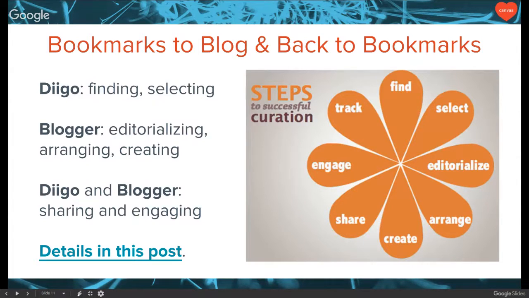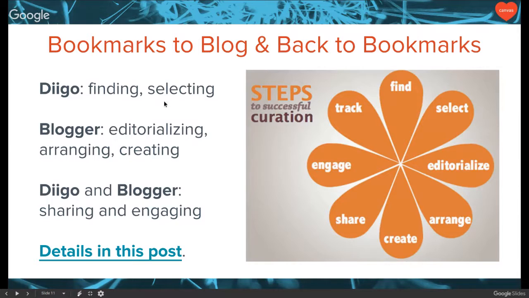Then I use those bookmarks, my bookmarks at Diigo, to go back and select the best ones, to editorialize, as it were, to arrange and create the version of that record I want to share with my students. And then I actually bookmark my blog post to create that Diigo free book library. It just takes a second to bookmark my post in Diigo when I'm done, so that students can use both of those tools, Diigo and Blogger, to share and engage with the contents.